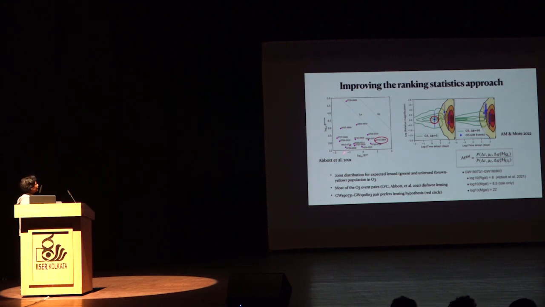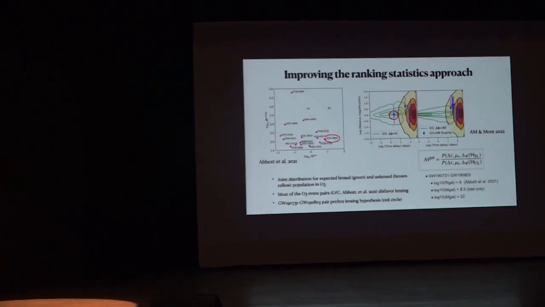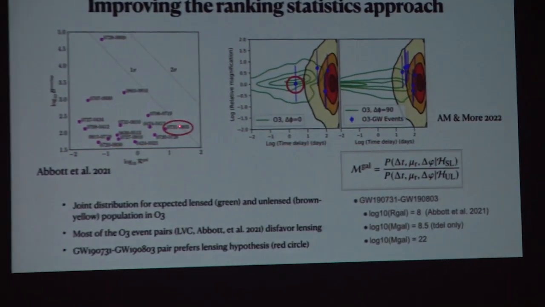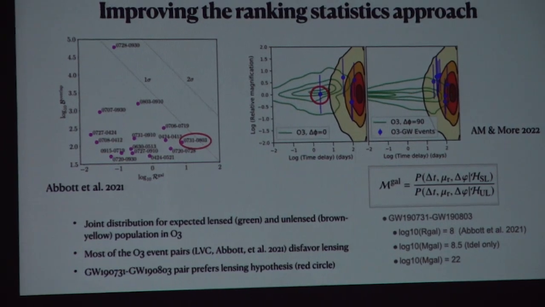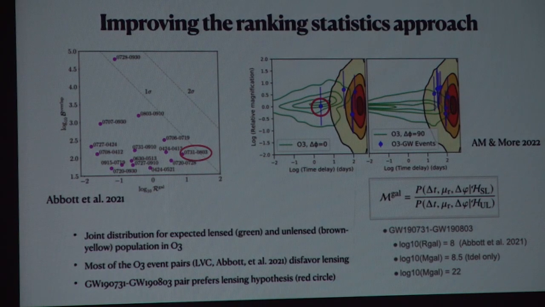And so if we replace this RGAL by MGAL, then it boosts the ranking statistic for this particular event pair, and it pushes it towards the right hand side. Although in this particular case we are not really claiming any particular discovery, it's just that we are demonstrating that one can get improvement if we make use of these joint observables.